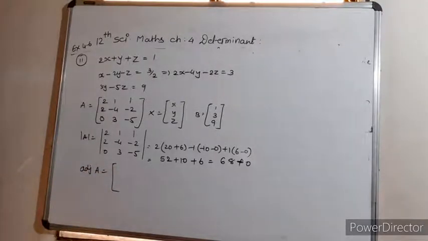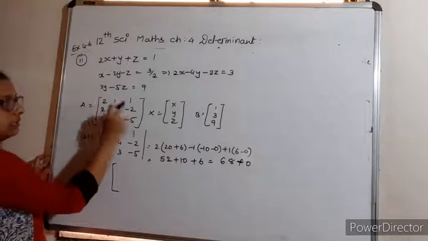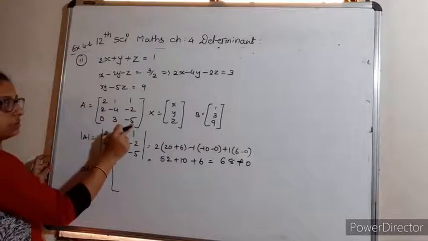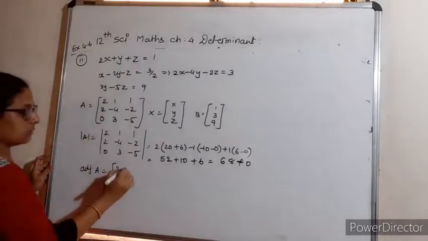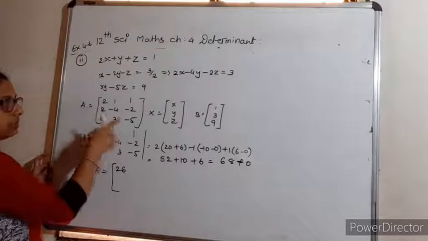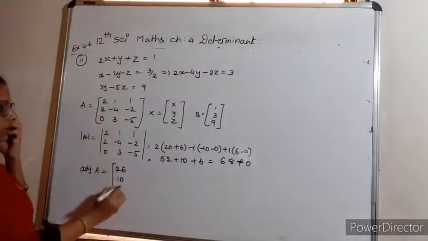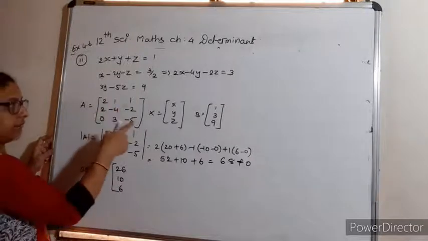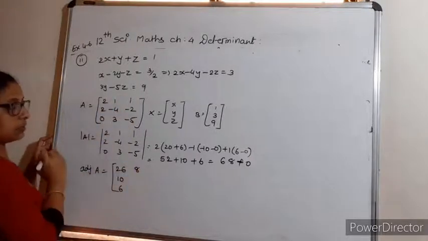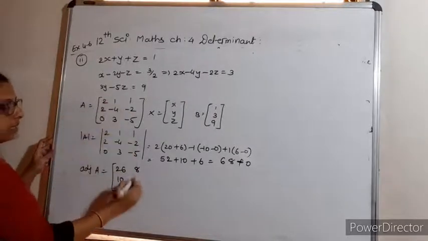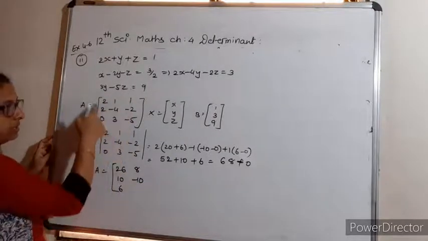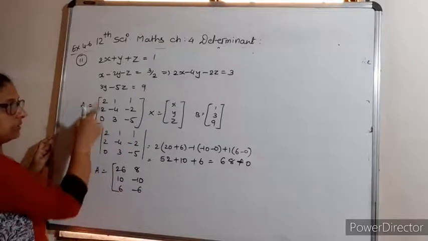Now we'll find this adjoint of A. So if you find the adjoint, here it is minus minus plus 20 plus 6, that is 26. Here is minus 10, but change the sign. Here 6. Minus 5 minus 3 minus 8, but change the sign. Minus 10. Here 6, but change the sign.